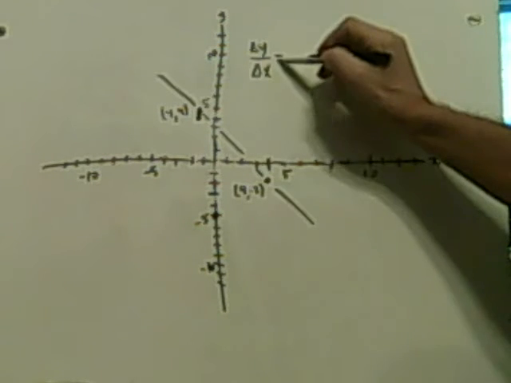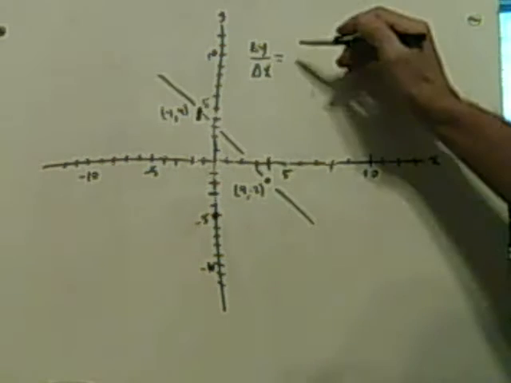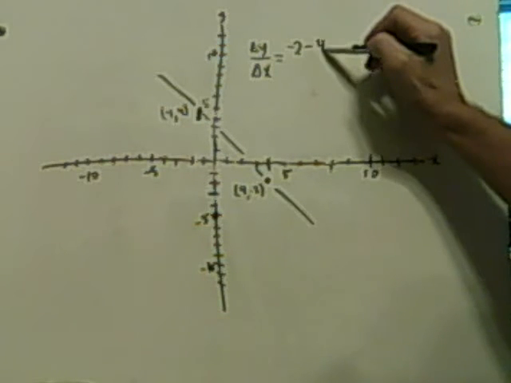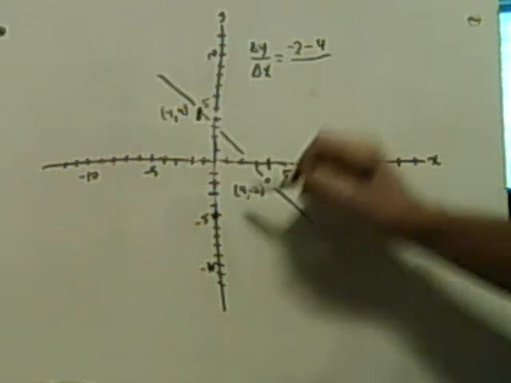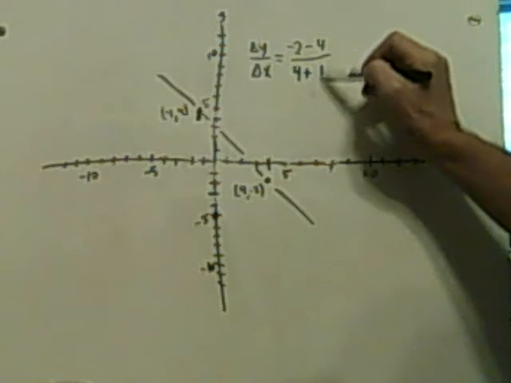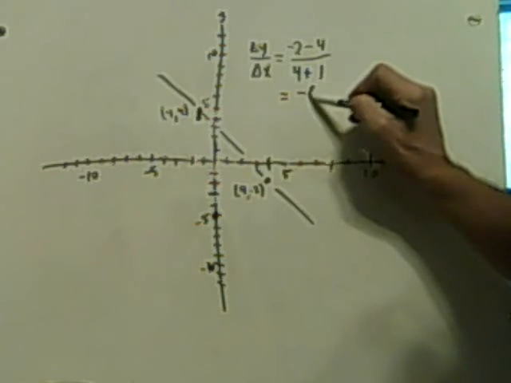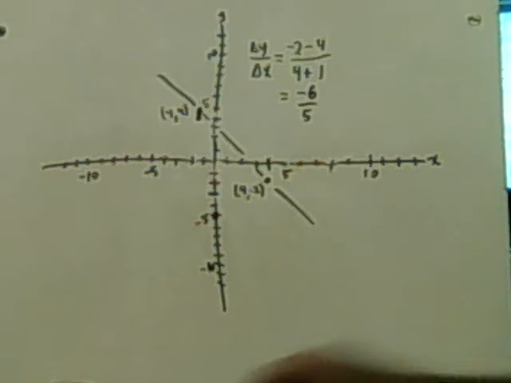So once I do that, it's a lot easier, because now I just go from the first point to the second point. It won't really matter which way I do it. Okay? -2 minus 4 over delta x. So delta x is 4 minus -1, which is 4 plus 1. So we get -6 over 5. Okay, -6/5. That's the slope.